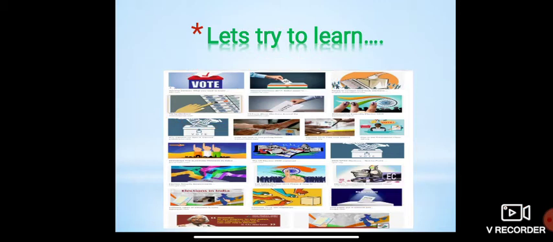Since our constitution makes India a representative democracy, at all levels all political decisions have to be taken by the elected representatives of the people. So election as such becomes an integral part of our political system.